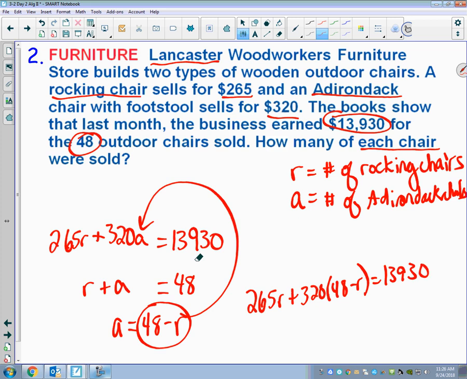To work that out, 320 times 48 is 15,360. So I get 265r plus 15,360 minus 320r equals 13,930.